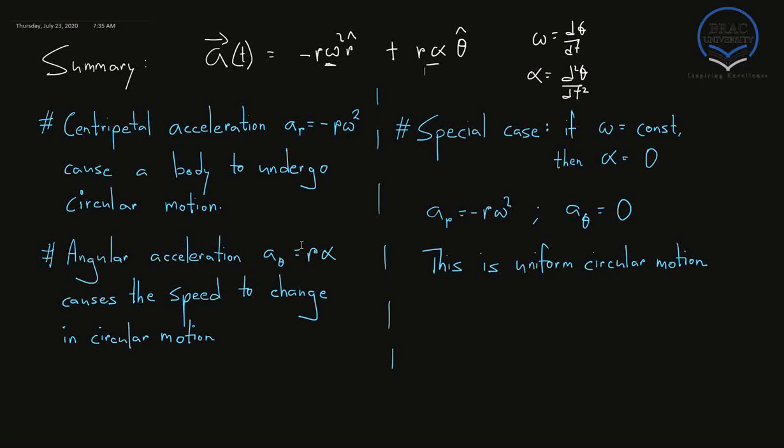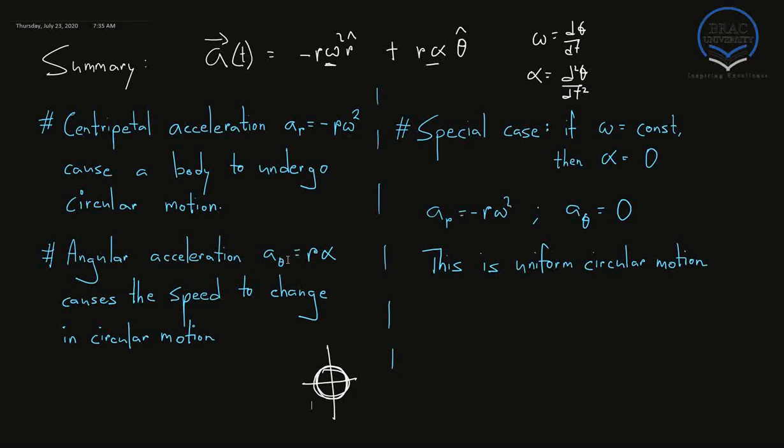And the angular acceleration is what causes the speed to change: if you have a circular motion in which the body is speeding up or slowing down as it covers this circle, then you must have angular acceleration.